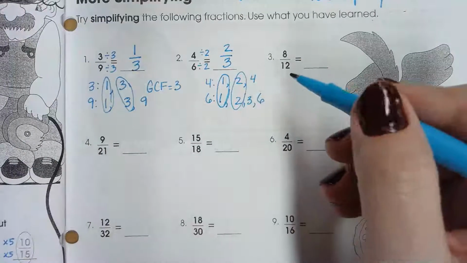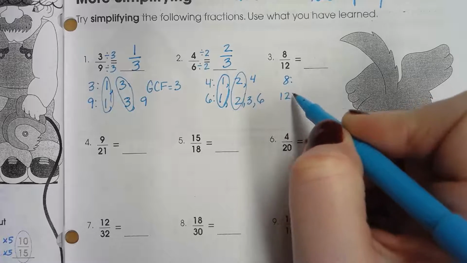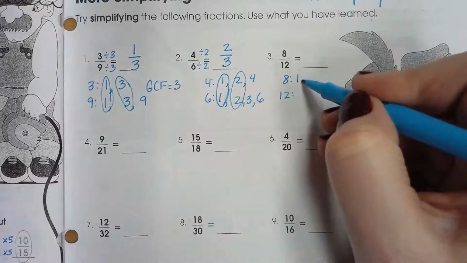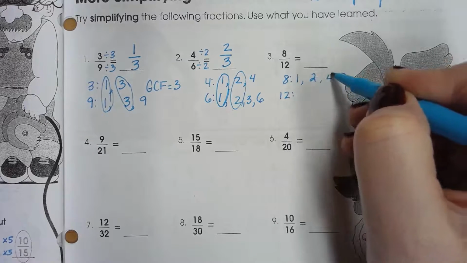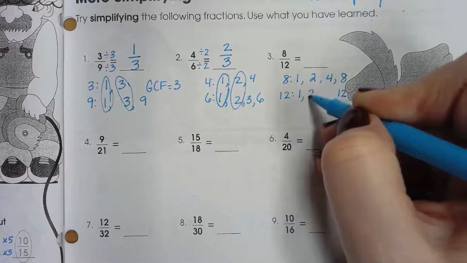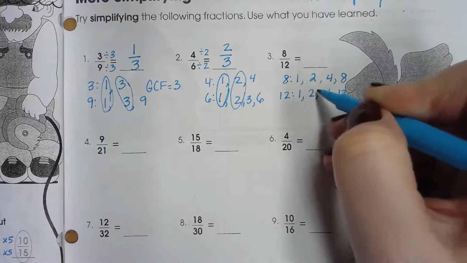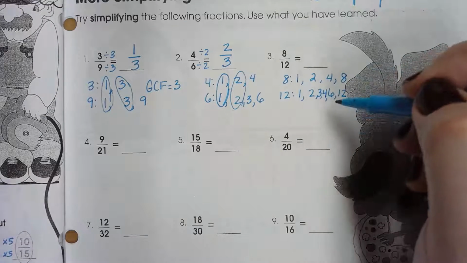8/12. Let's take a look. My factors of 8 and my factors of 12. Factors of 8. 1 times 8. 2 times 4. 1 times 12. 2 times 6. 3 times 4. Here's all of my factors.